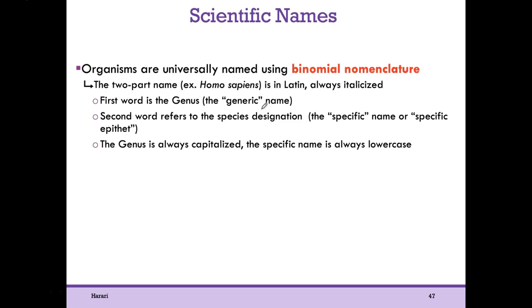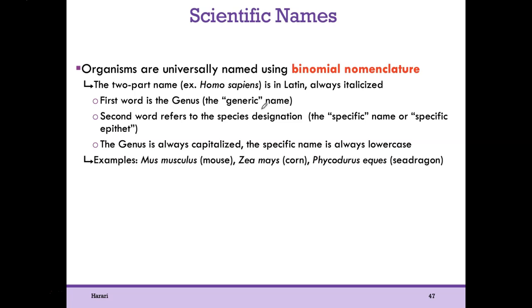The specific name is always lowercase. Both are always italicized. Another example is the mouse, Mus musculus. Mus is the genus or the generic name. Musculus is the species designation or the specific name. Phycodurus eques is the Leafy Seadragon. Again, generic name, specific name.